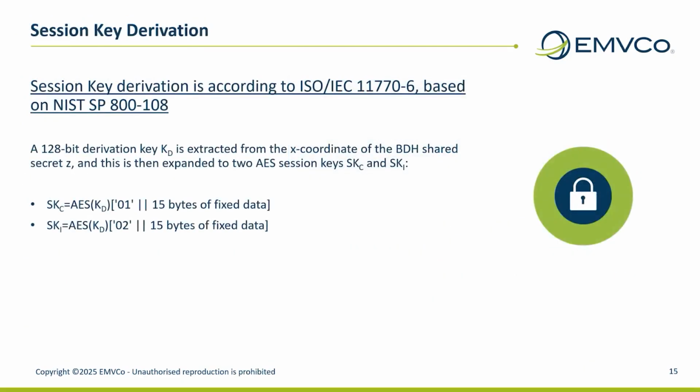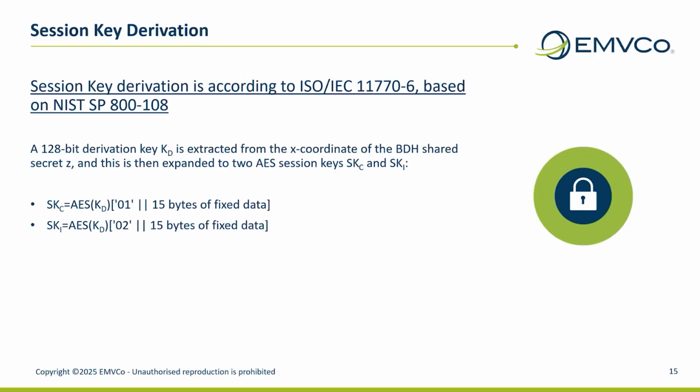In EMV Kernel 8, the session key derivation is quite simple, albeit it is based on the more complex, flexible and generic methods defined in ISO 11770-6 and NIST Special Publication 800-108. Accordingly, key derivation starts by extracting a derivation key, KD, from the blinded Diffie-Hellman shared secret.